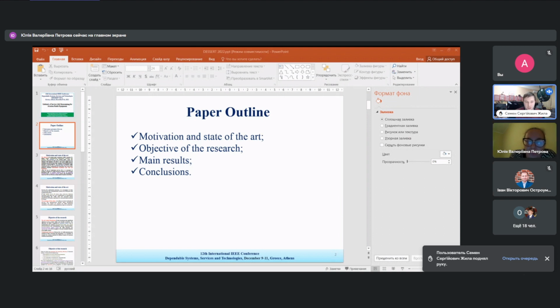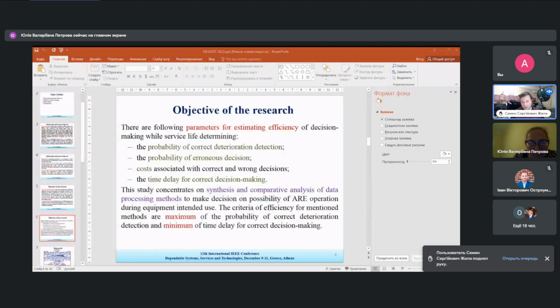Yulia, I'm sorry to interrupt you, but we cannot see the scroll of the slides. So please, can you disconnect? Not disconnect. Remove your slides, like the presentation, and then not remove.